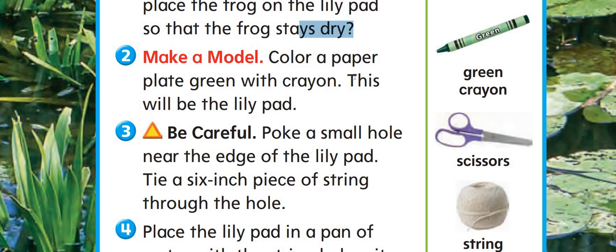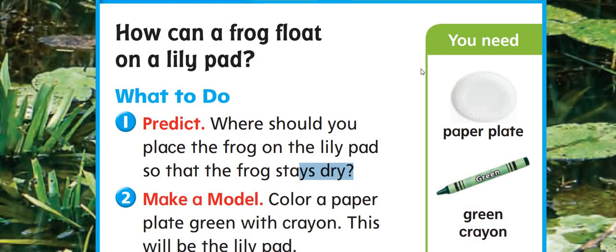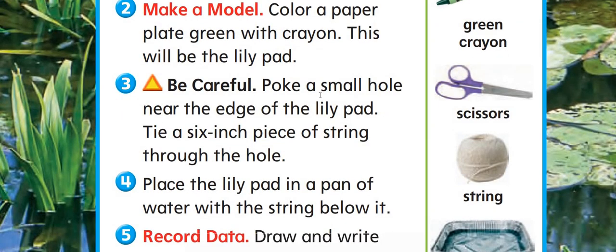We have a colored paper plate, green with a crayon, and this will be the lily pad. Okay, so this plate is going to be the lily pad, and then we are going to make it green, so it will look like a leaf. We have to be careful when we are making small holes near the edge of the lily pad.